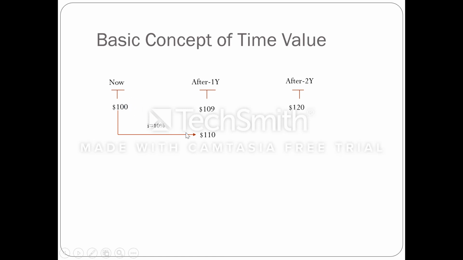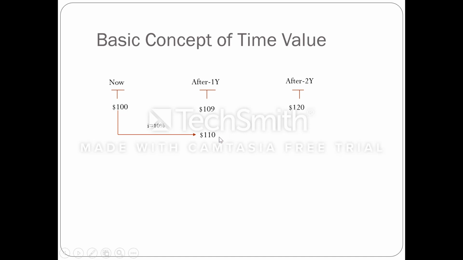So $100 becomes 110 after a year, and you can directly compare option number one with the alternative investment, the second one of 109, and you are better off going with the first investment option.